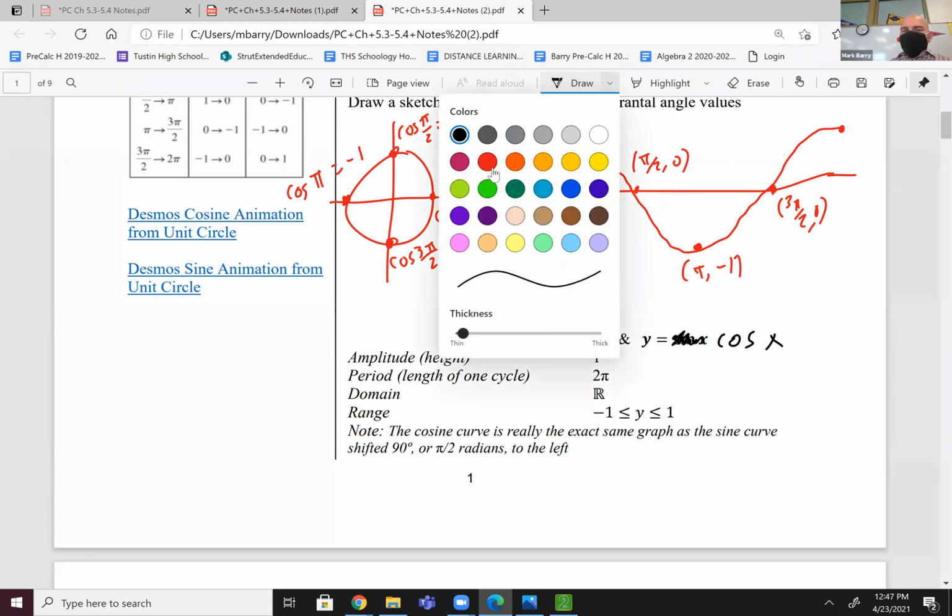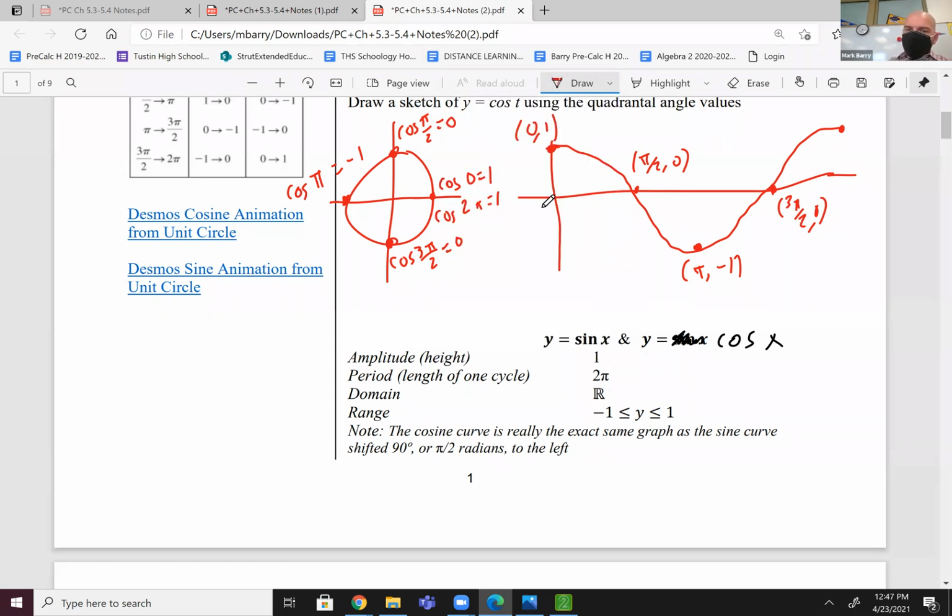So what's our vocab? Amplitude. Okay, so for these graphs, the amplitude is 1. Now they say here amplitude is the height. I'd actually like a little different definition that I like a little bit better, but it's a little bit longer. Okay, thank you.